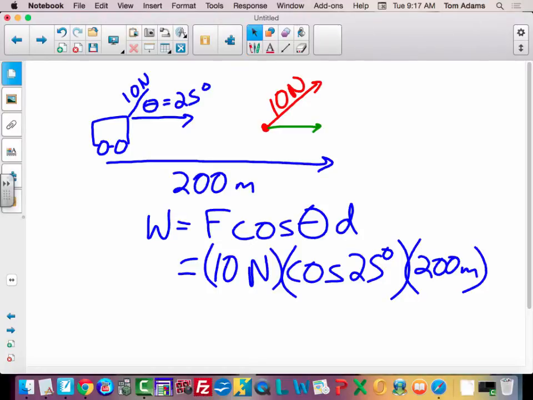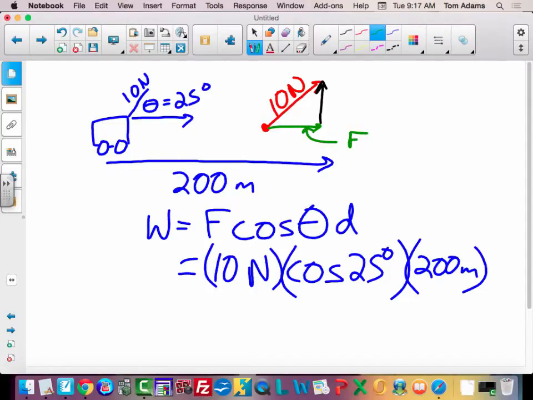So remember that this 10 newtons is a resultant vector of a horizontal component and a vertical component. This horizontal component, this right here, is really the force times cosine of the angle theta, which is right here.